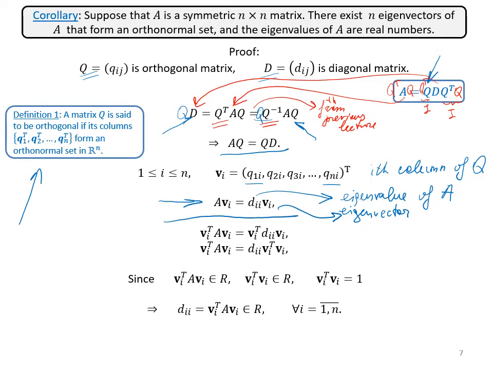Then the second part. Now we want to prove that the eigenvalues of matrix A are real numbers. We should do some more steps.